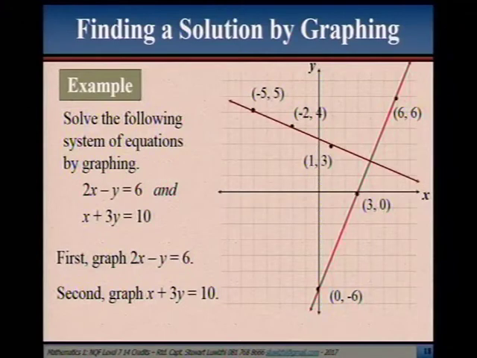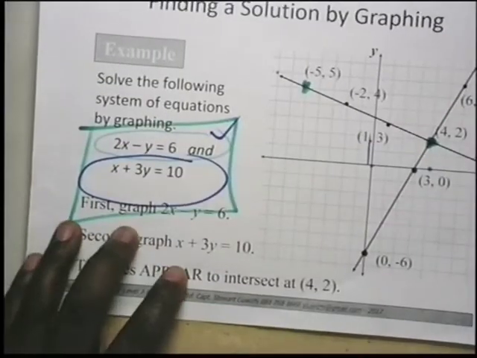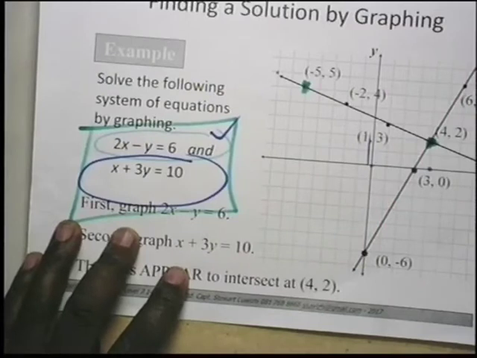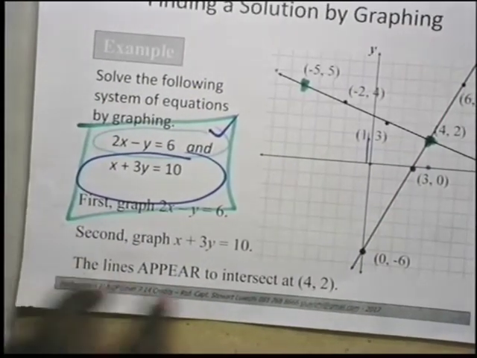I'm just putting it back on the slide, what we did, the first line and the second line, and the intersection is 4, 2. That becomes the point that satisfies our equation. So when given these 2 equations, our solution is x is equal to 4 and y is equal to 2.